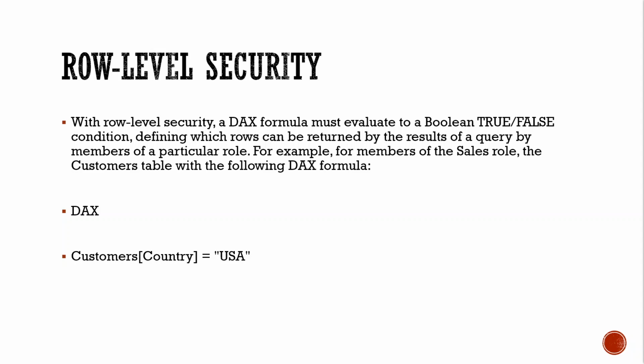For example, you have a table customer, and it contains a column named country. So all the members where country equals USA can only retrieve these following values. So this is a good example of how RLS works.